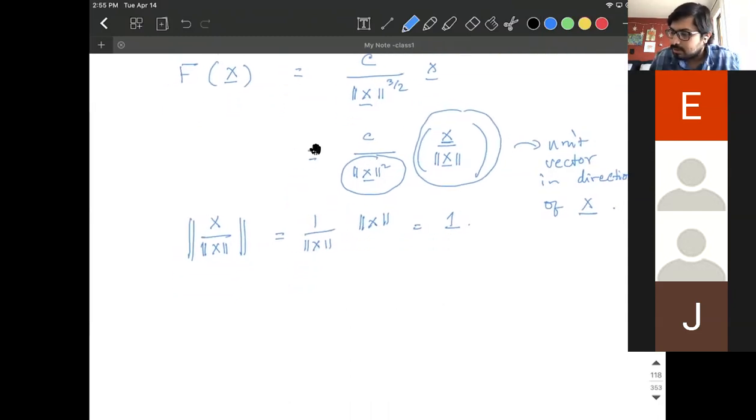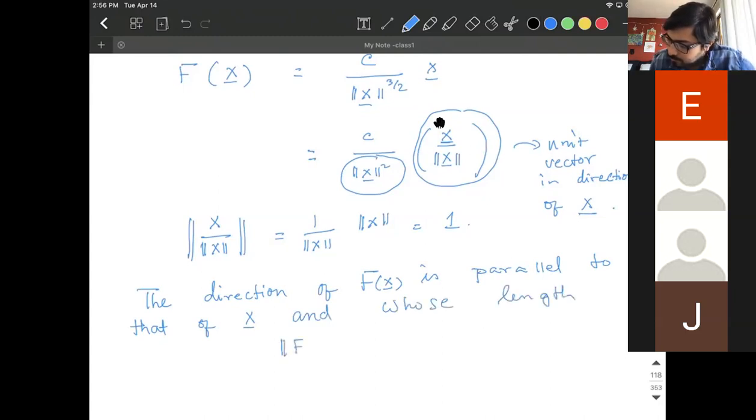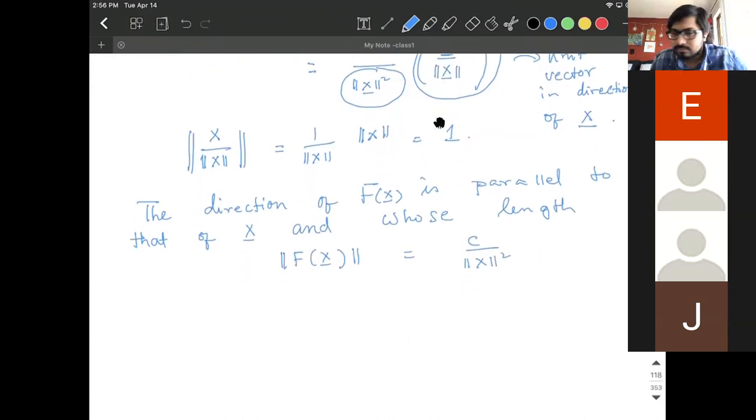So in conclusion, what we can state is the following: the direction of F of X is parallel to that of X, and if you take the length, so norm of F of X is C over norm of X squared, okay?